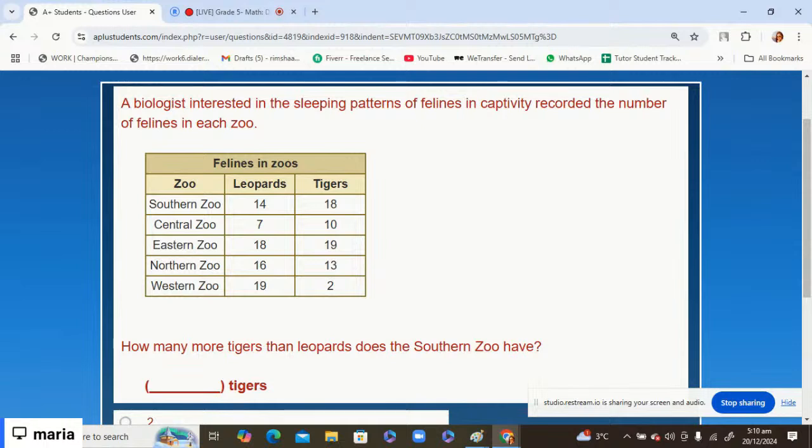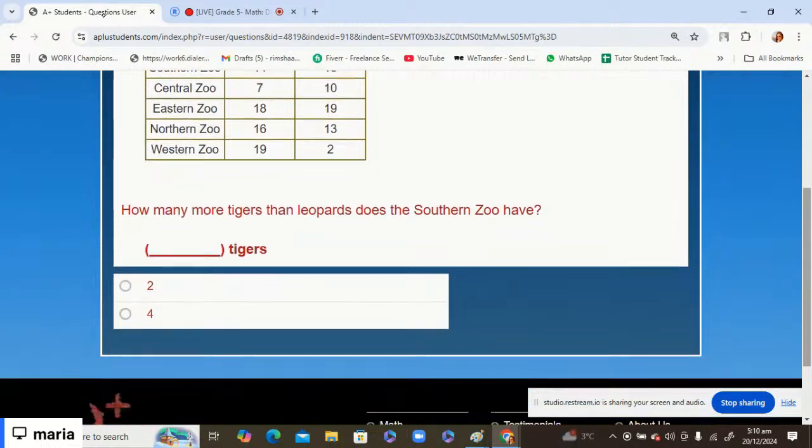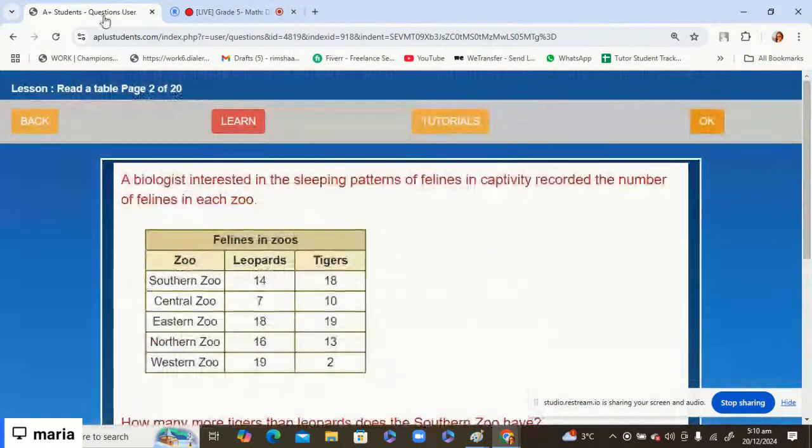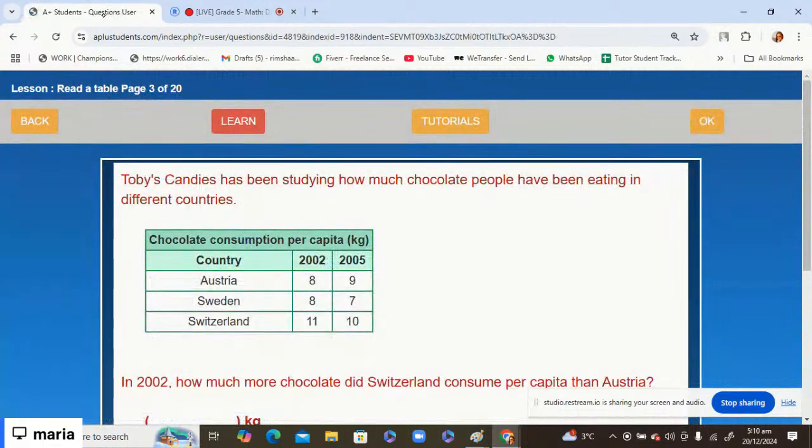Leopards are given and tigers are given. We are interested only in the southern zoo. The number of tigers is 18 and the number of leopards is 14. You are going to subtract 14 from 18 and check the answer. So 18 minus 14, the answer is 4. Okay, and this is the right answer.